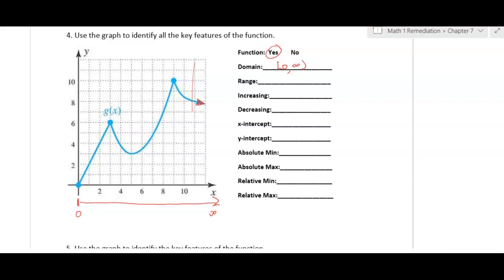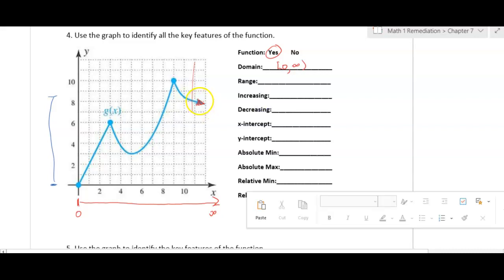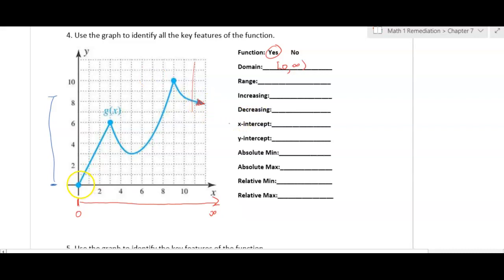Now the range of this one is a little complicated. Generally, for the range, we work bottom to top. But when I look here, a lot of times 0 would be considered the lowest point. But because this arrow points down and to the right, this will keep going like this, meaning the range will actually start at negative infinity, right?